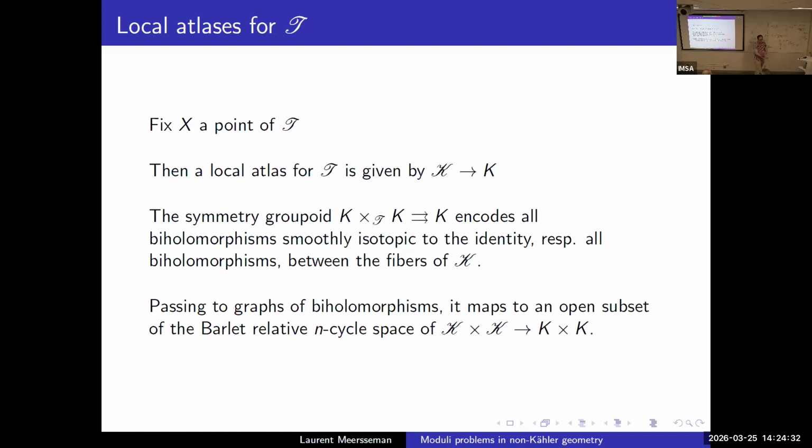In Kähler geometry, you have many nice properties of the cycle spaces, because you have some compactness results starting from the classical Lieberman theorem.